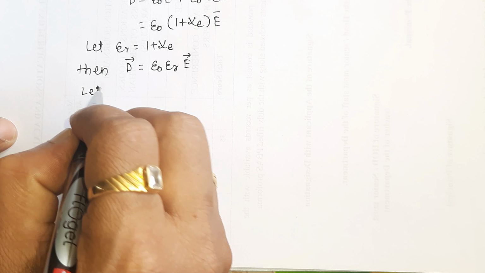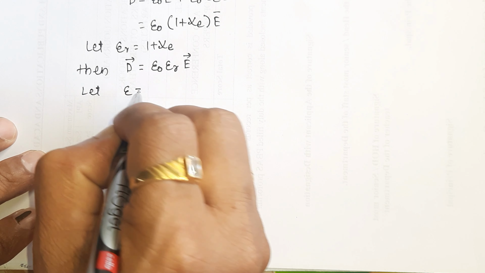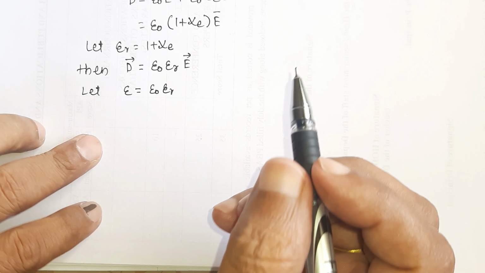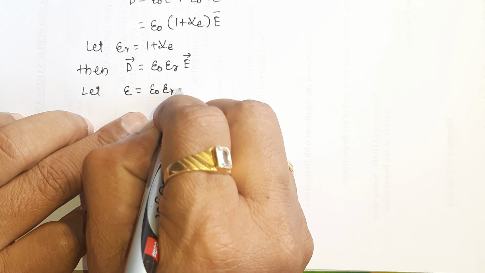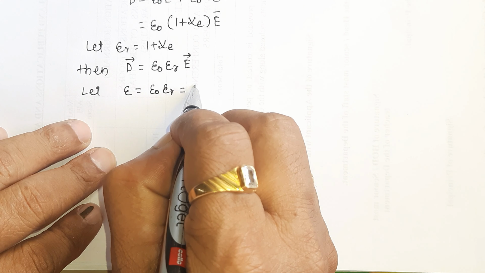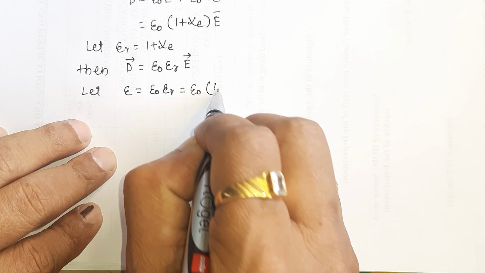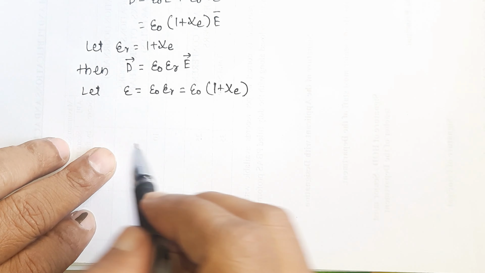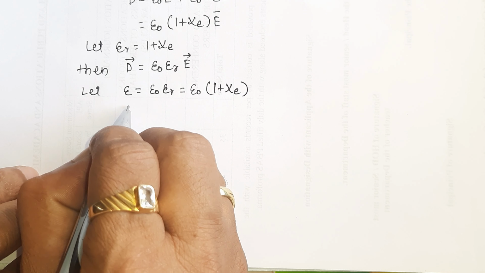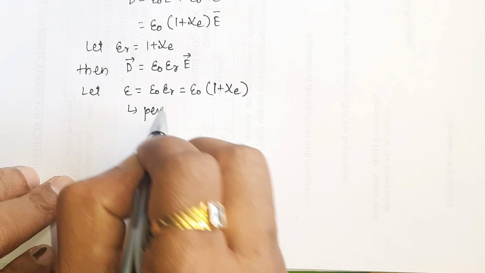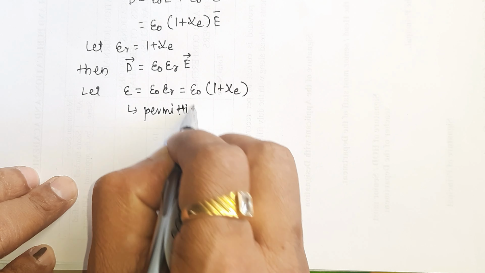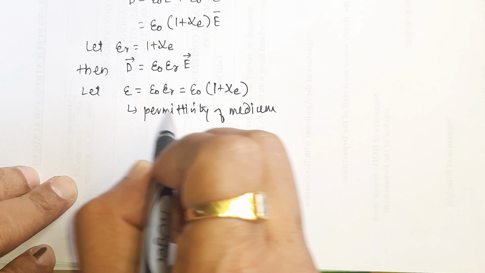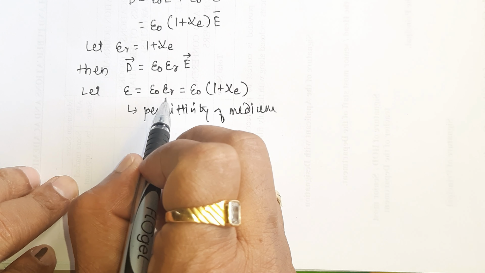Let epsilon be equal to epsilon 0 into epsilon r, which is epsilon 0 into 1 plus chi e, where epsilon is called the permittivity of the medium, and epsilon r is the relative permittivity of the medium.